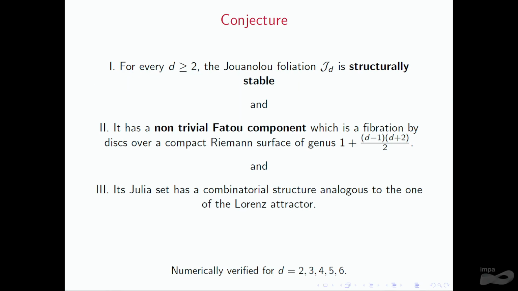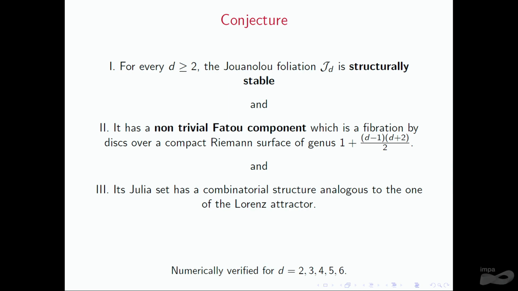We have experimentally verified this transversality, so the fact that these critical points are local minima, not for the Hermitian norm. It's not true for that, but you can change the norm by taking a Hölder norm, which will satisfy this. We have verified this up to degree 6. And so we have this conjecture.